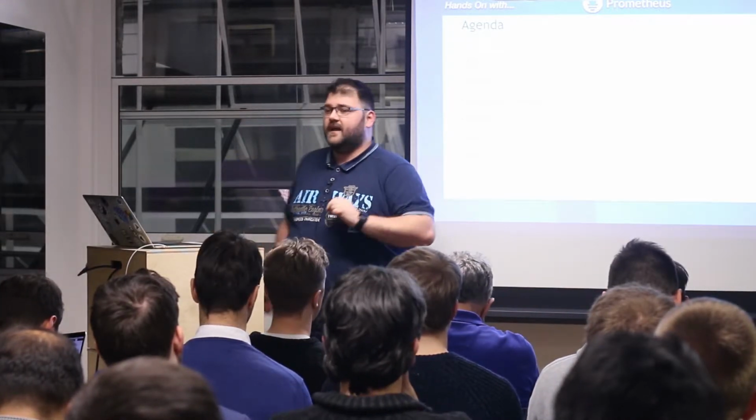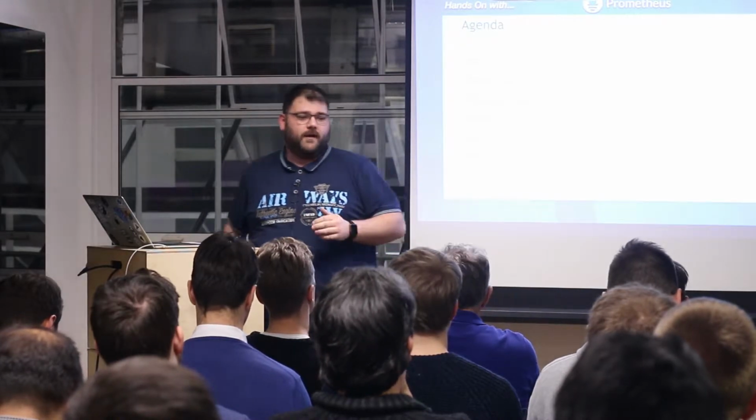Let's check out what's the agenda for tonight. We're going to have a brief history lesson about what Prometheus is and why it exists anyway. Then we check what we normally monitor, and how Prometheus fits into this question. And then one slide about the architecture.